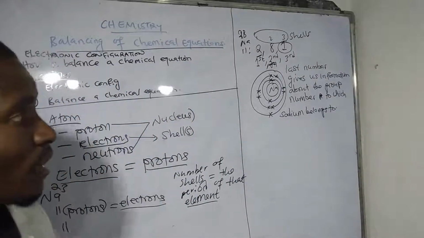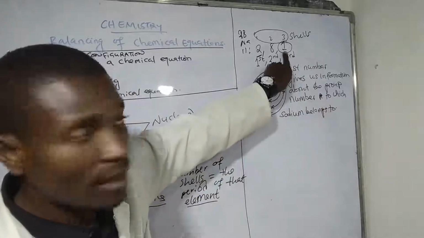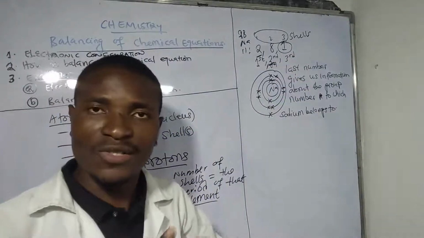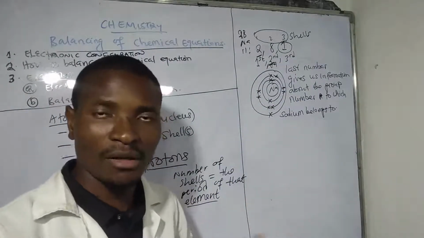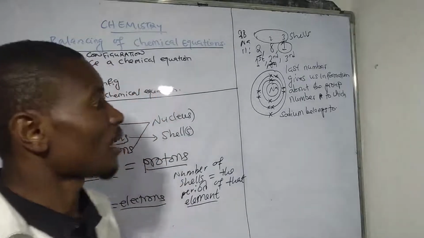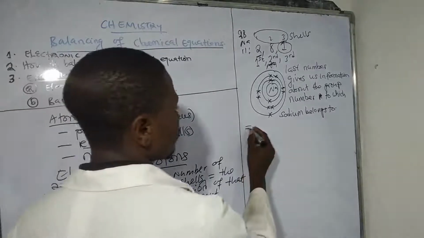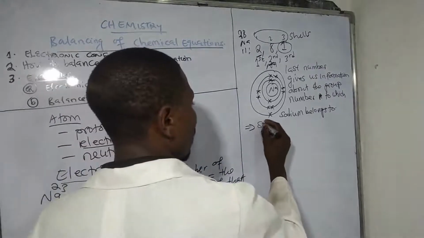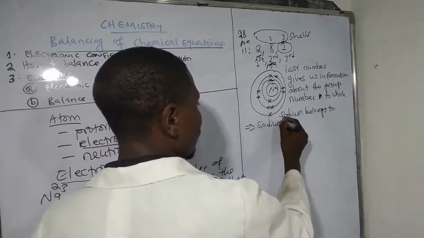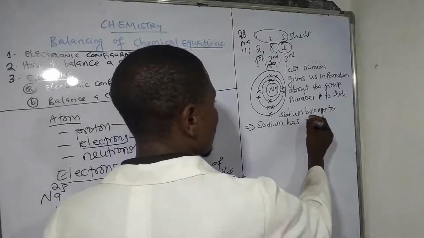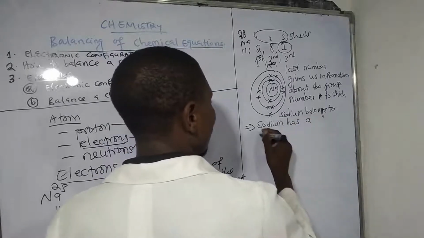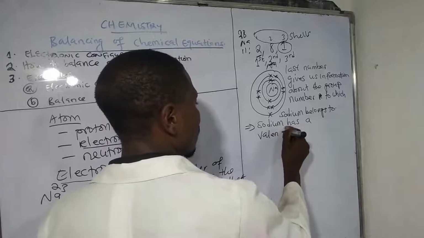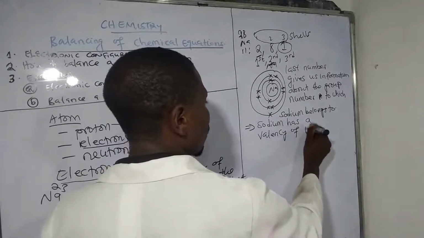So the last number there will tell us that sodium belongs to group 1 on the periodic table, and the same last number also tells us that sodium has a valence of 1.